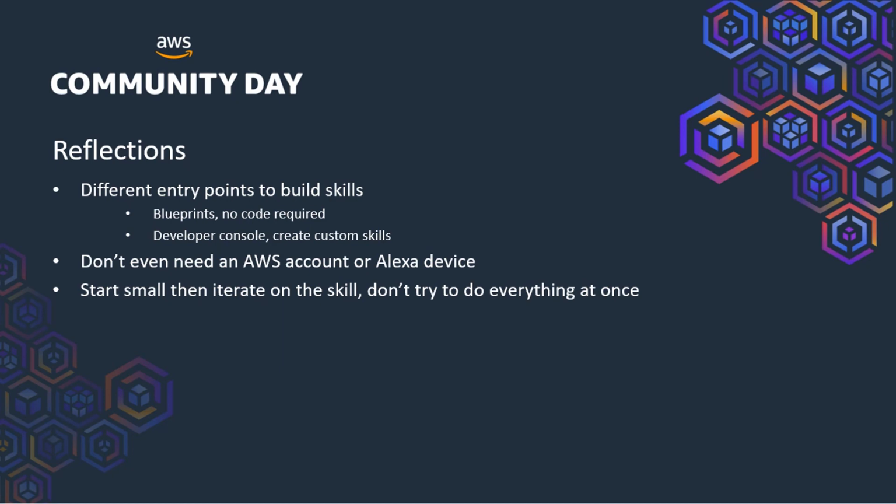I think it's a really fun one to play around with if you are new to developing, and the skeleton code available that you can customize in the developer console makes it a good place to start. You don't need an Alexa device either, as there is the simulator inside the developer console.